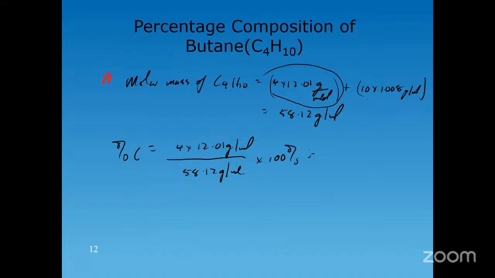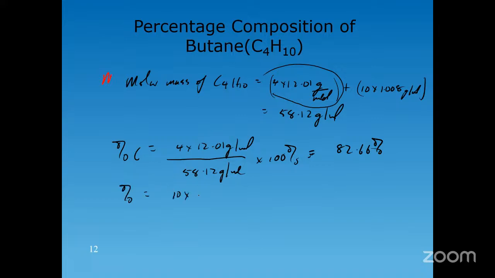So let's see what that gives. 4 times 12.01 divided by 58.12 times 100. So according to my calculation, this works out to be equal to 82.66%.